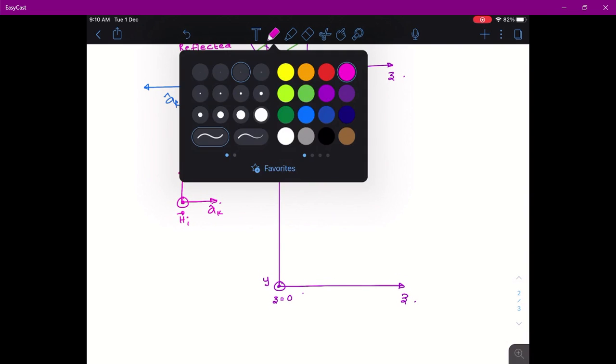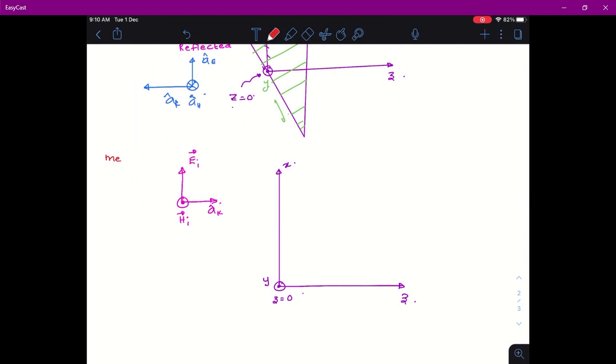And this is medium 1, which has sigma 1, epsilon 1, mu 1. And this is medium 2, which is a transmitted wave.